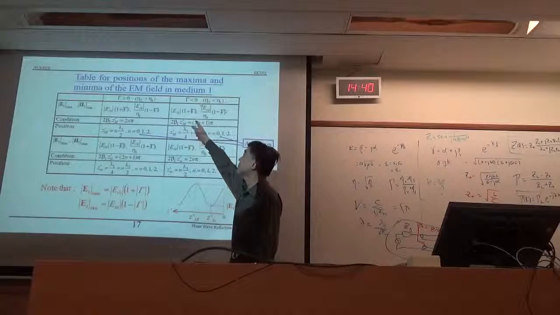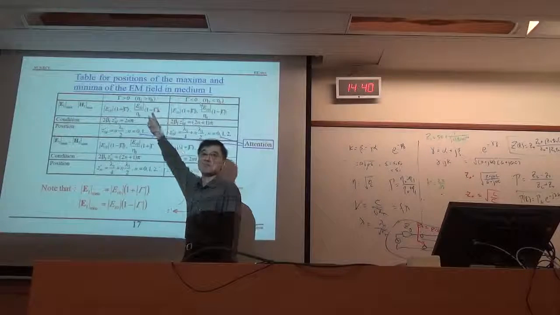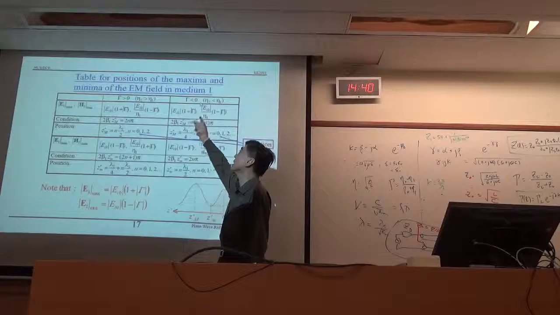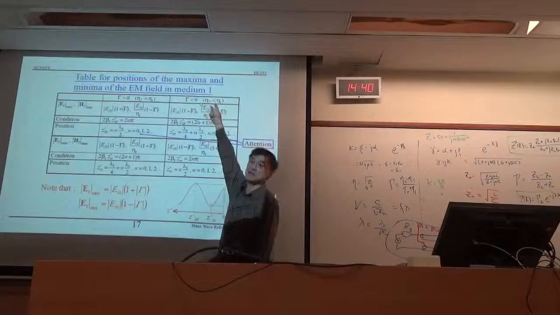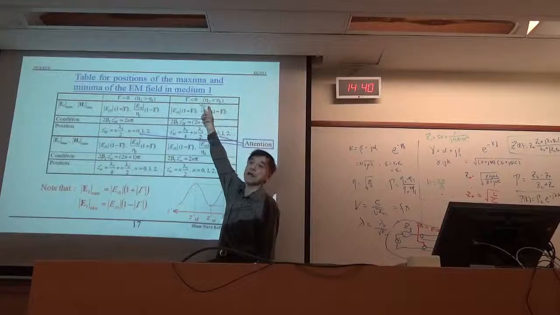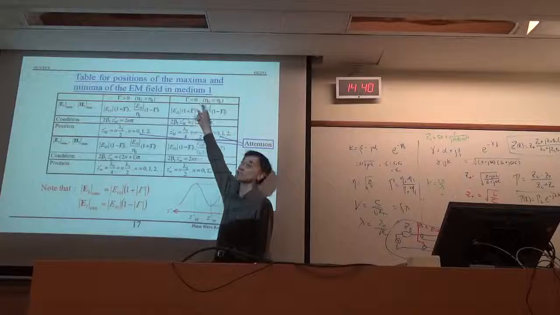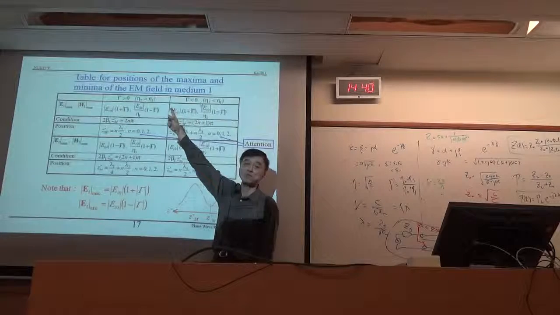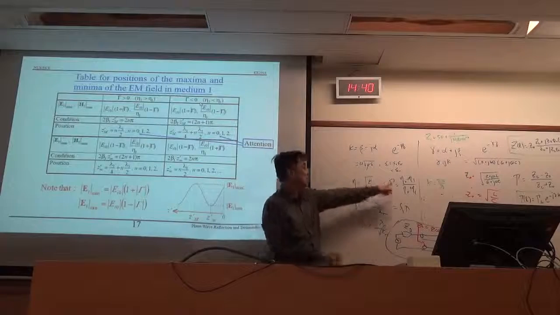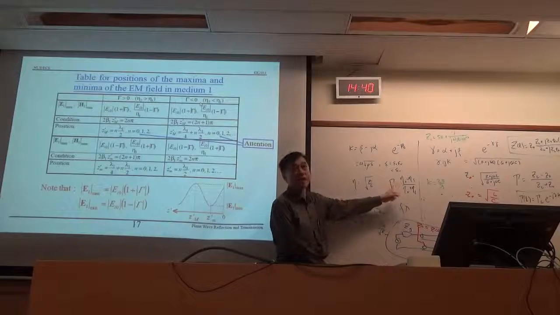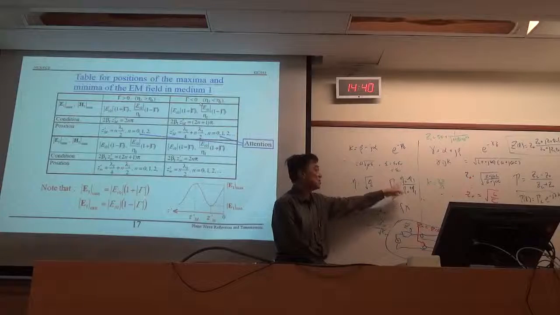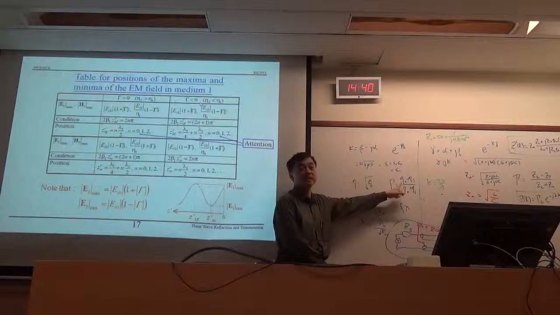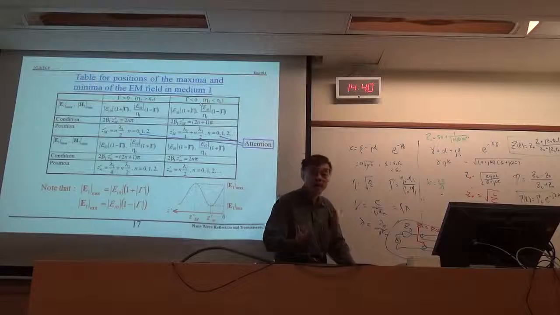In this one, the phase angle of gamma is either 0 or pi, because we assume that zeta 1 and zeta 2 are real. Therefore gamma is real, and therefore it is either a positive or negative number. So the phase angle is either 0 or pi.